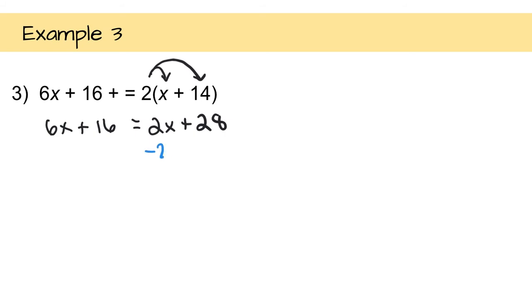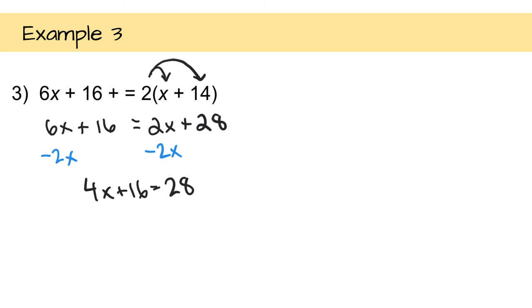So we would subtract 2x from here, subtract 2x from here, and that's going to leave us with 4x plus 16 equal to 28. And the last step would be to move that constant over before we can solve for x.